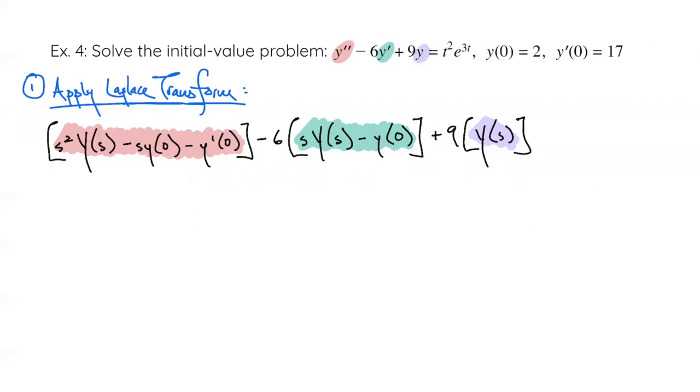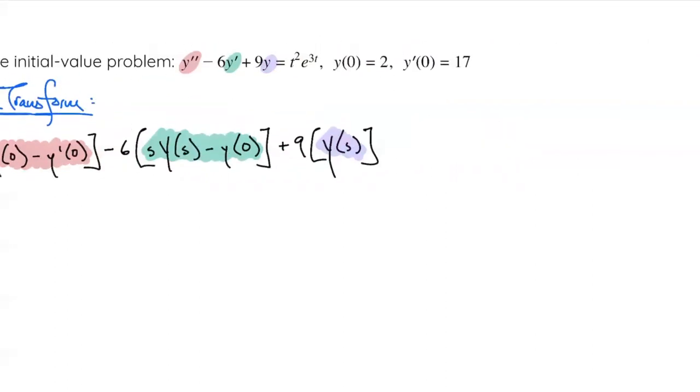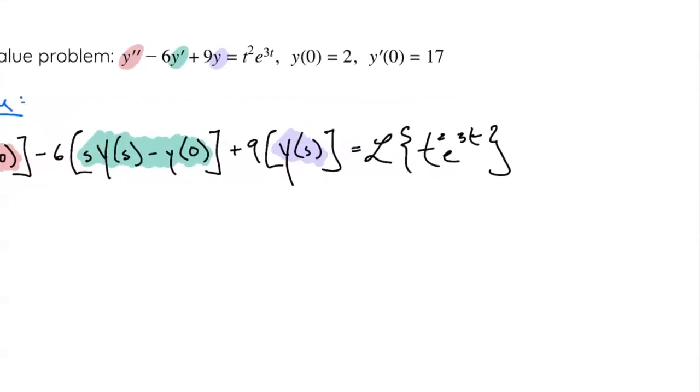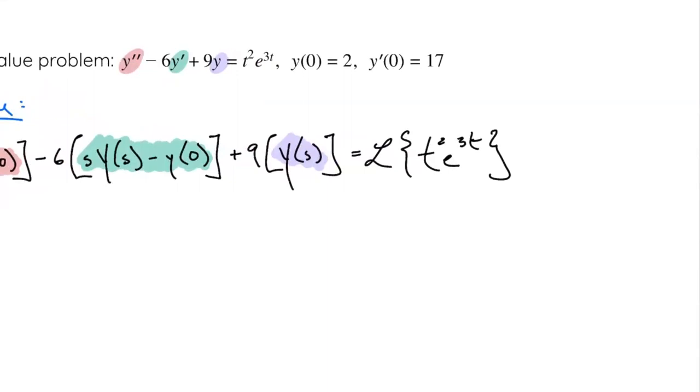And now let's think about the Laplace transform for the right-hand side. And so this one should correspond to what we already know in line 23, right? So if we use line 23, we need to identify our n as well as our a, okay?